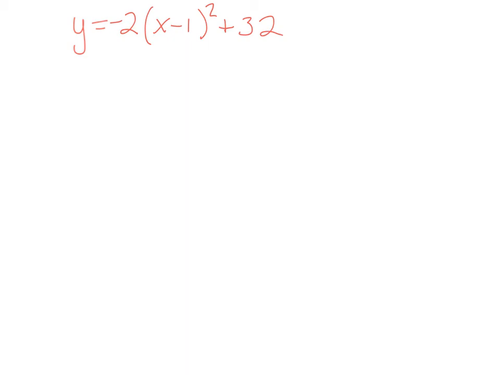Remember, order of operations, we're undoing adding or subtracting first. The negative 2 is a multiplication part, so first we have to set this equal to 0.